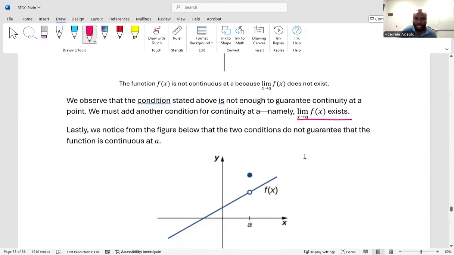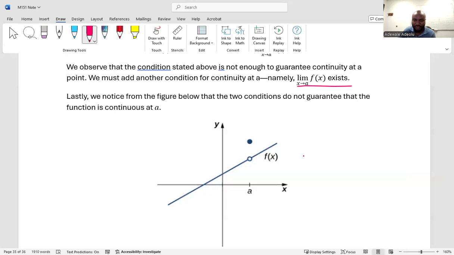And lastly, let us look at this figure. Now, the limit from the left actually exists, and it is this y value. And the limit from the right also exists, and it is this y value. They are the same. So the limit exists. Furthermore, at this point A, the function actually is defined.